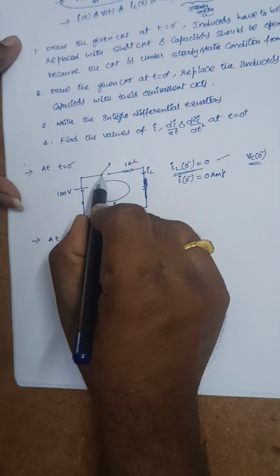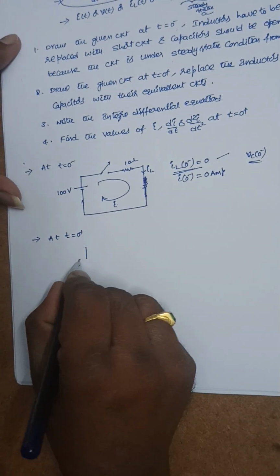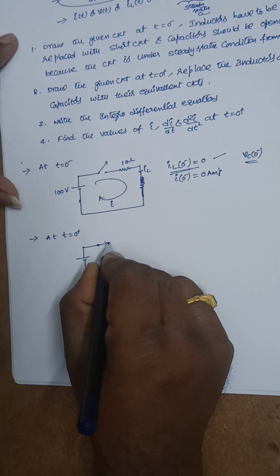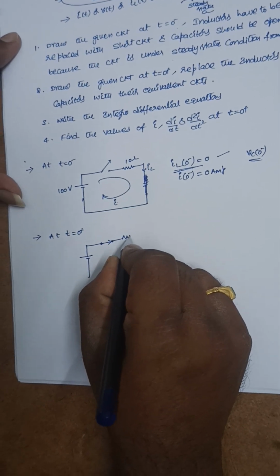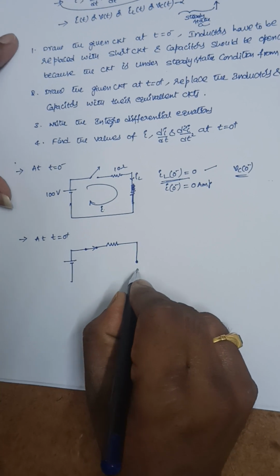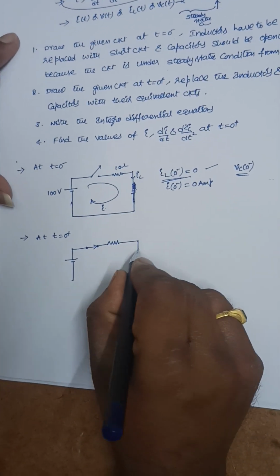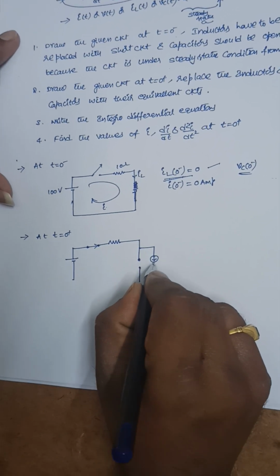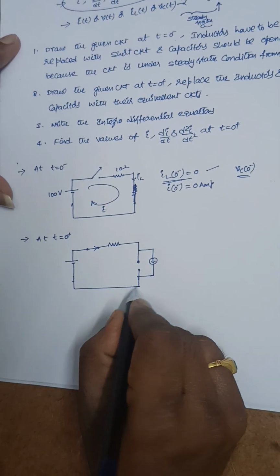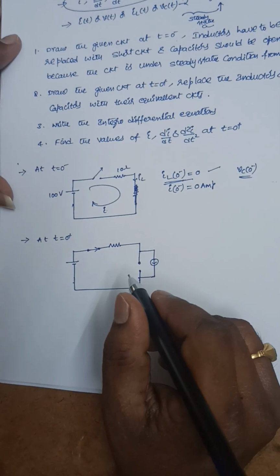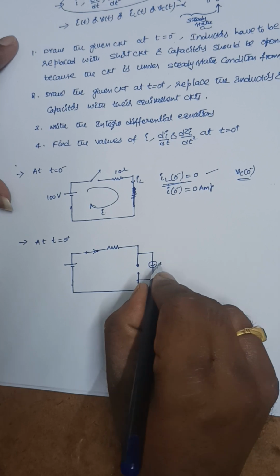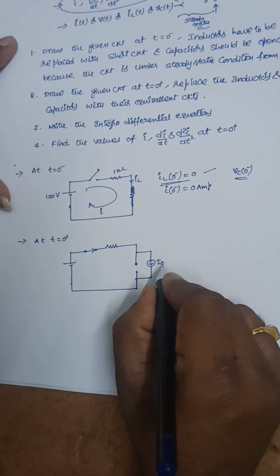Now at t is equal to 0 plus, drawing this circuit, the switch is closed now. If the switch is closed here, then the equivalent circuit of this inductor is an open circuit with a current source. I explained this equivalent circuit of the inductors in the previous video, where I0 is the initial current.